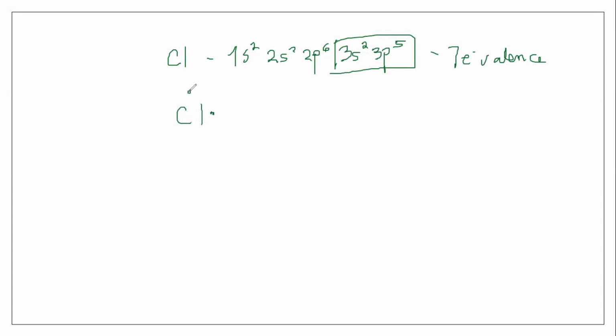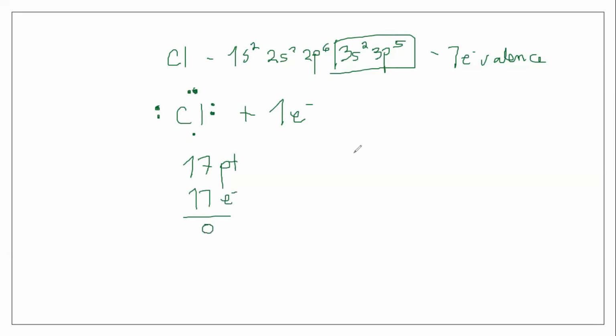So we have 1, 2, 3, 4, 5, 6, 7. So ilan ang kailangan nating idagdag sa chlorine para maging 8? So kung may 7 na siya, kailangan nating magdagdag ng isang electron. Ulitin natin, meron tayong 17 na atomic number. So we have 17 protons and we have 17 electrons here.